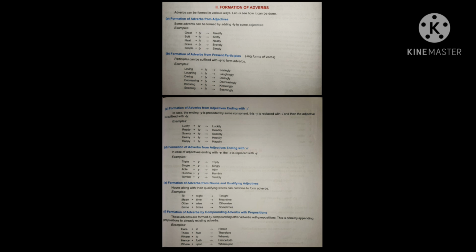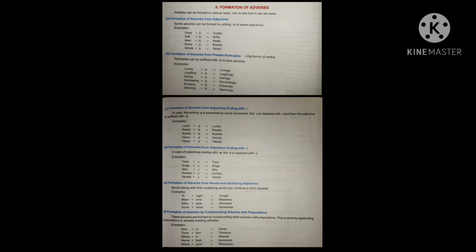And when we are combining these two things together, we will get an adverb, tonight. Then mean plus time. Mean is adjective and time is a noun. Otherwise. Wise is a noun and other is an adjective. Sometimes. Some is an adjective and times is a noun. And when we are combining them together, we will get an adverb. Fine.